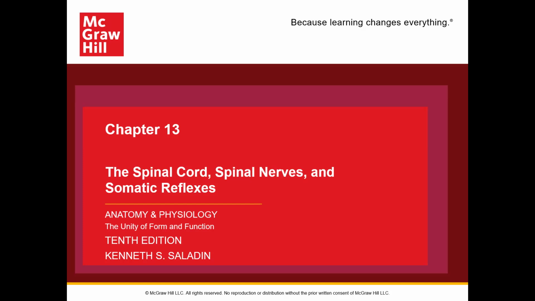So we said that this whole division, responsible for integration of information, is known as the central nervous system, while all these nerves, these tracts that bring in and carry out information, are known as the PNS, the peripheral nervous system.